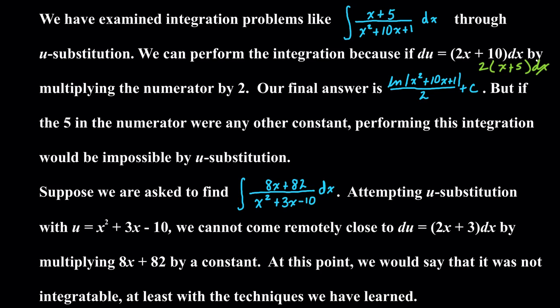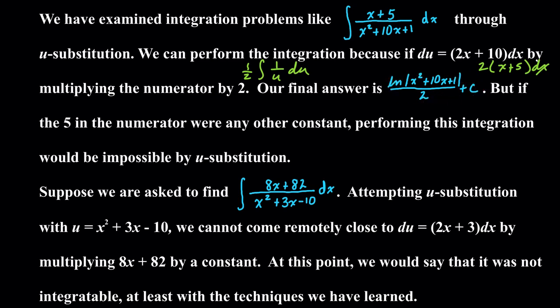And you can see that we have the x plus 5 dx part in the problem. All we would need to do is insert the 2 and then put a 1/2 in front. And what that would give you is 1/2 the integral of 1 over u du, which then becomes this answer right here.